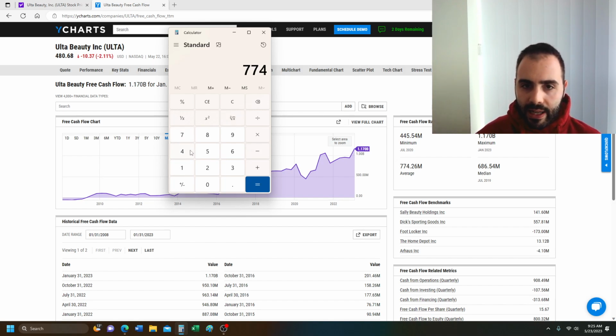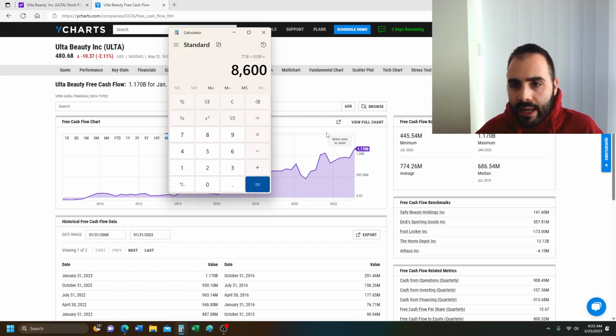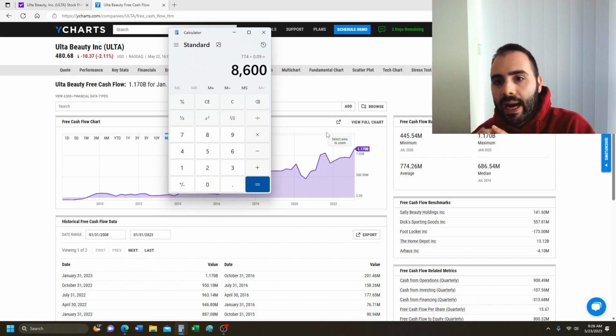Even if I choose a 9% cost of capital instead of 8%, the value of the business is not going to vary tremendously, because my margin of safety required is going to be at least 40 or 50% anyways. So even if I'm off by 1 percentage point in either direction, it's not going to make a big difference.